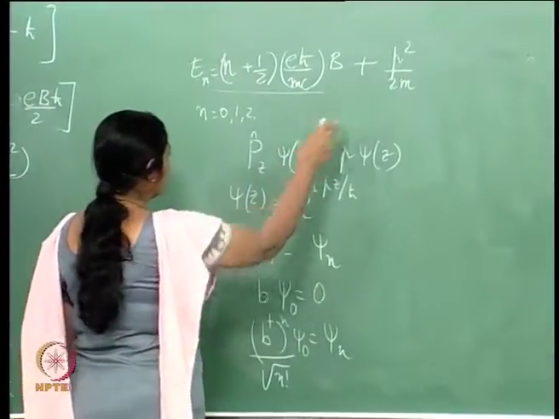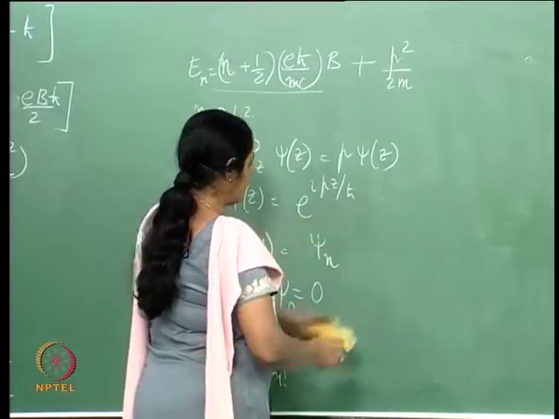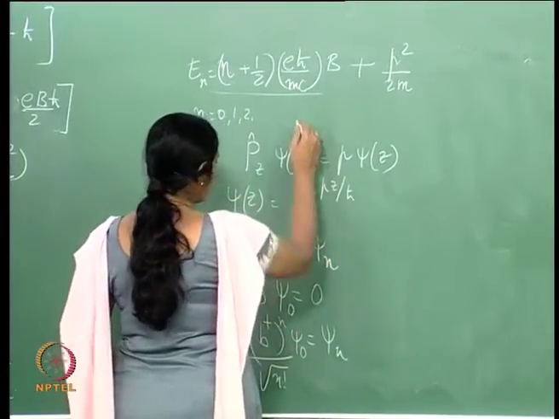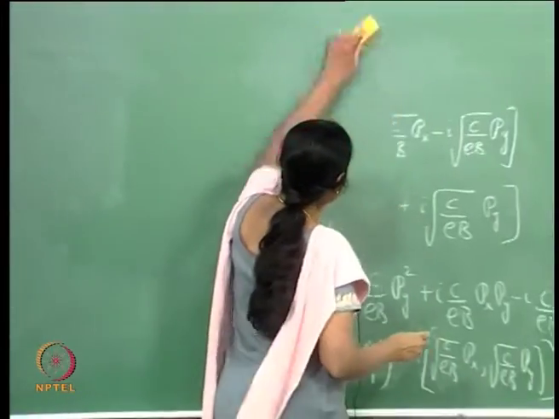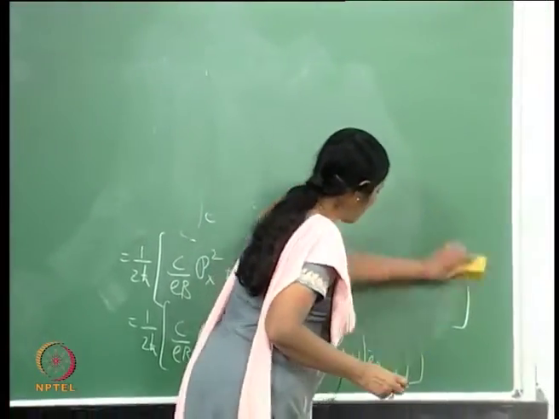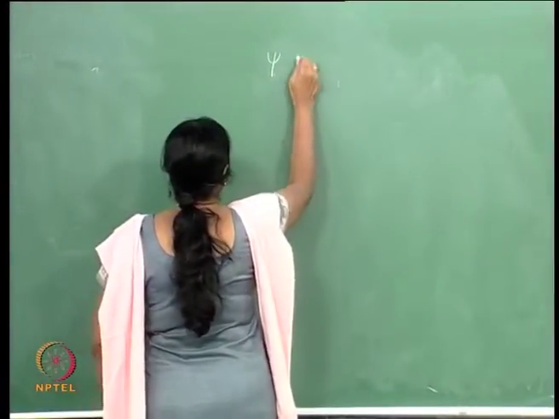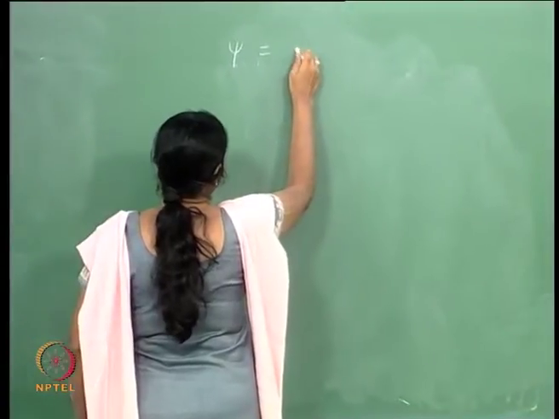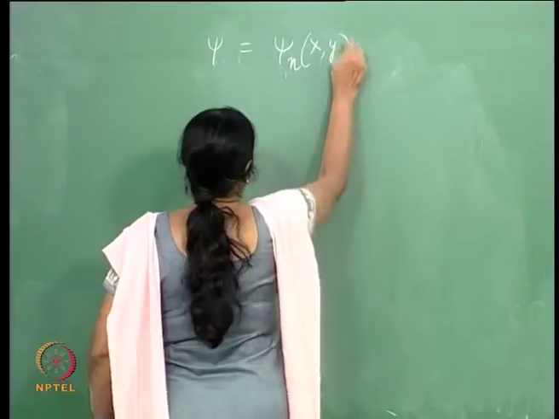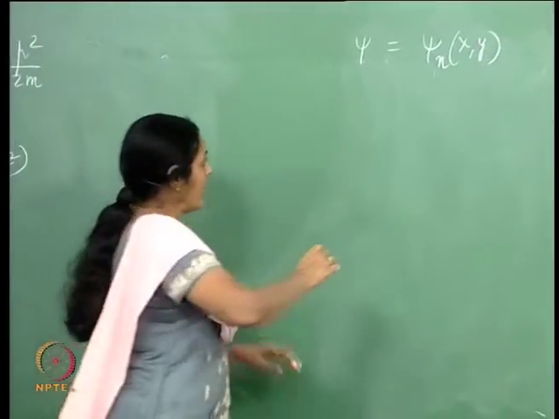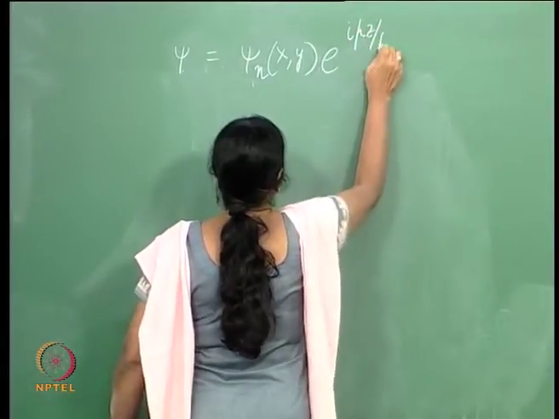So these are the eigenvalues, and the eigenfunctions can be written out here, because we will do some work with the eigenfunctions now. So psi, which I call psi_n(x,y) because it is in the x-y plane, and along the z axis I have e to the i p z by ħ.